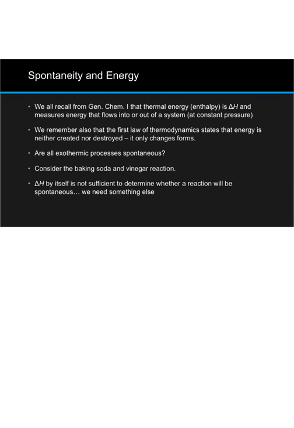When it comes to predicting spontaneity, we alluded in General Chemistry 1 that enthalpy, delta H, is a good first measure of the spontaneity for a process. The first law of thermodynamics tells us that energy is neither created nor destroyed, it just changes forms.